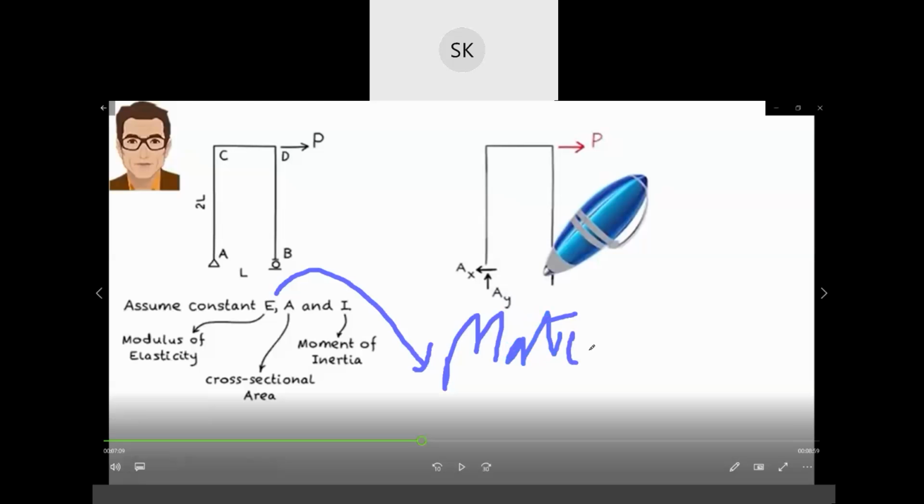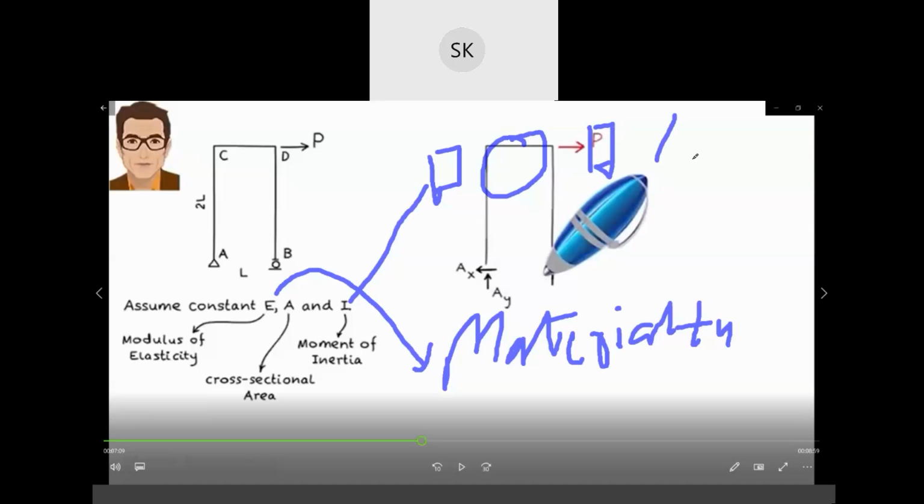For different material the E value will be different, and this I depends on your shape, plane figure, symmetrical or unsymmetrical figure, like rectangle, square, circle, triangle. So this I value will depend upon the shapes, and this E value will depend upon the material type.